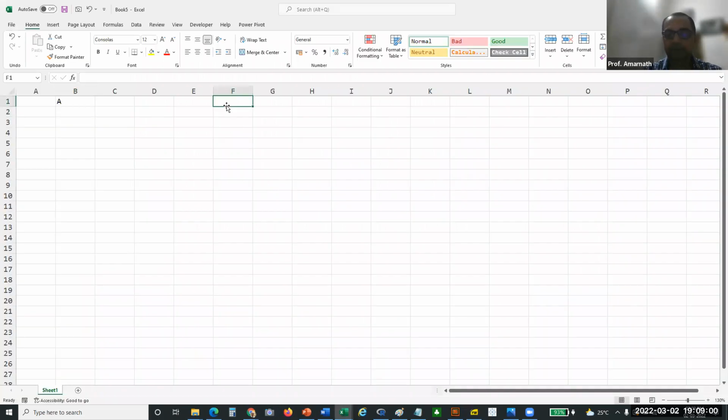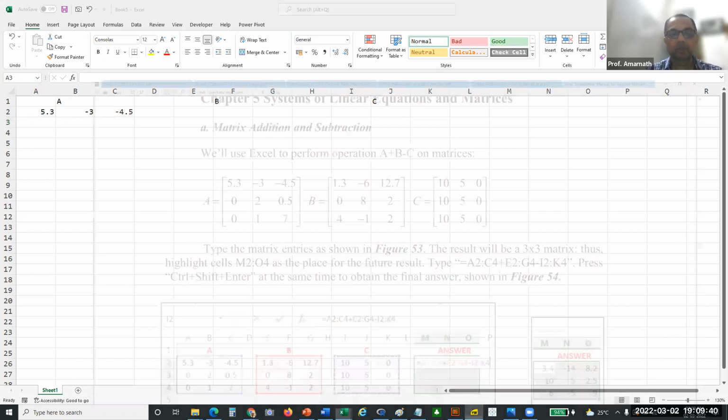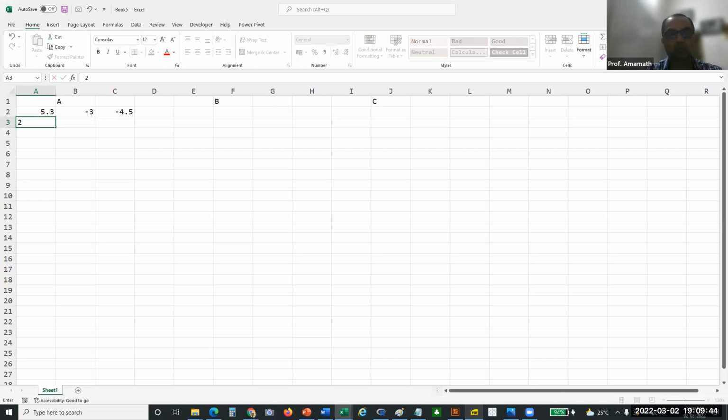B matrix is F. B matrix is my G. Entering the values: -5.3, -3, -4.5, 0, 2, 0.5, 0.17.